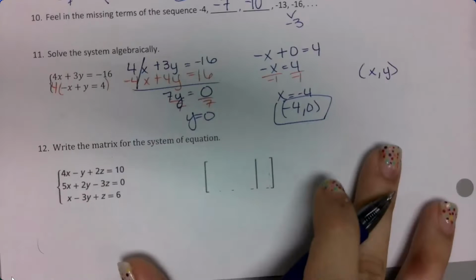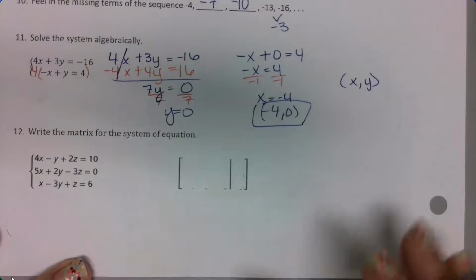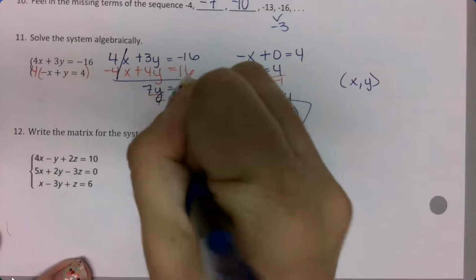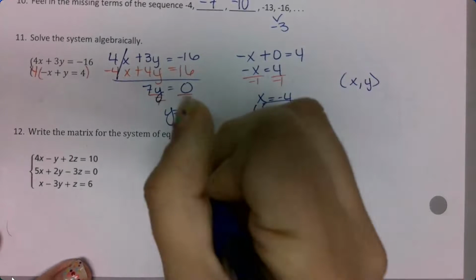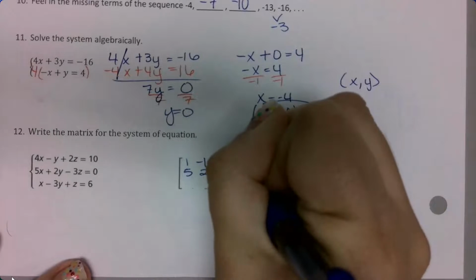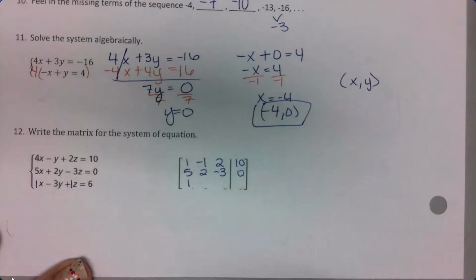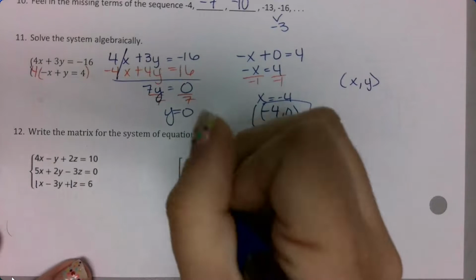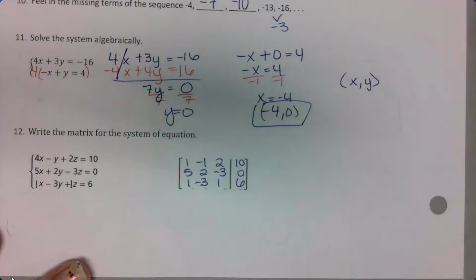Okay, number 12 just wants me to write a matrix for the system of equations. I am going to take my coefficients and then write them out. So I have a 4, -1, 2, and then 10. On the second row I have a 5, a 2, a -3, and a 0. Last row, remember anything without a number in front is assumed to be 1. So I have 1, -3, 1, and 6.